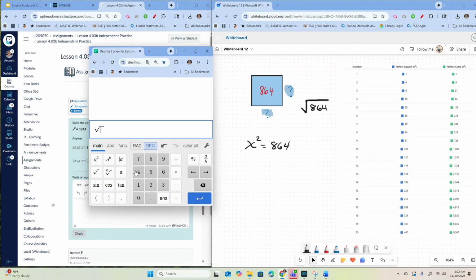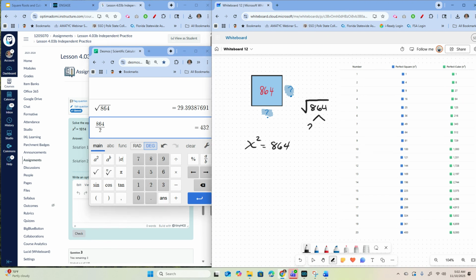Now you're going to use your calculator and do the square root of 864. You can see you got a long decimal. When you get these long decimals, it means we're going to have to do the tree. Now 864 is even, so I'm going to try to divide 864 by 2 to start making my tree, and you can see it's 2 times 432.